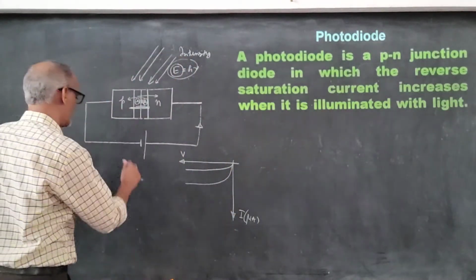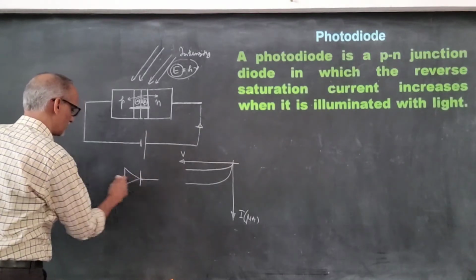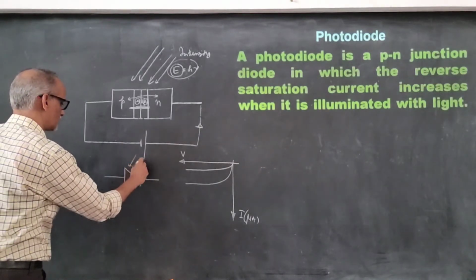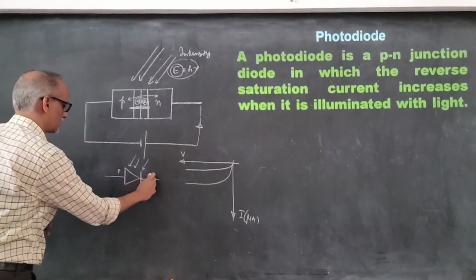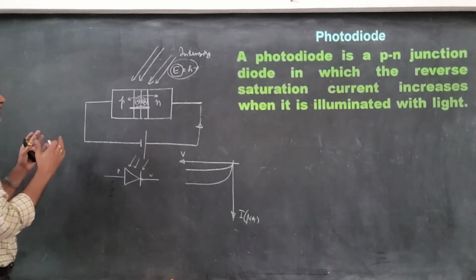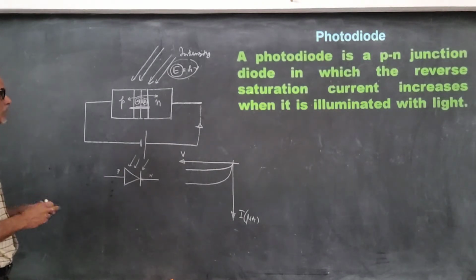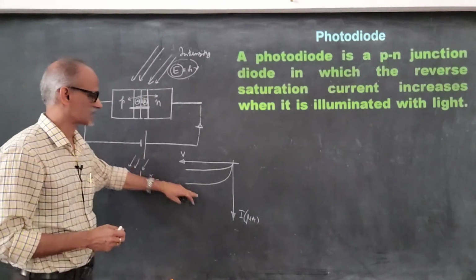The symbol used for this photodiode is the symbol of the diode with radiation falling on it. This is the P side and this is the N side. Therefore, a photodiode is one in which whenever radiation is incident, it increases the strength of the current.